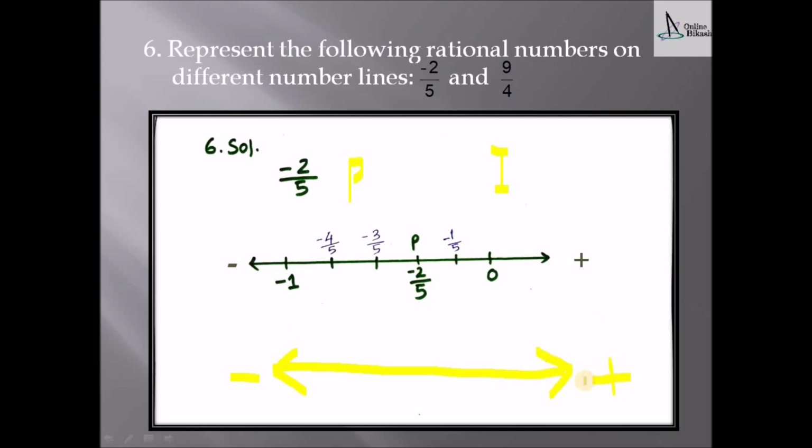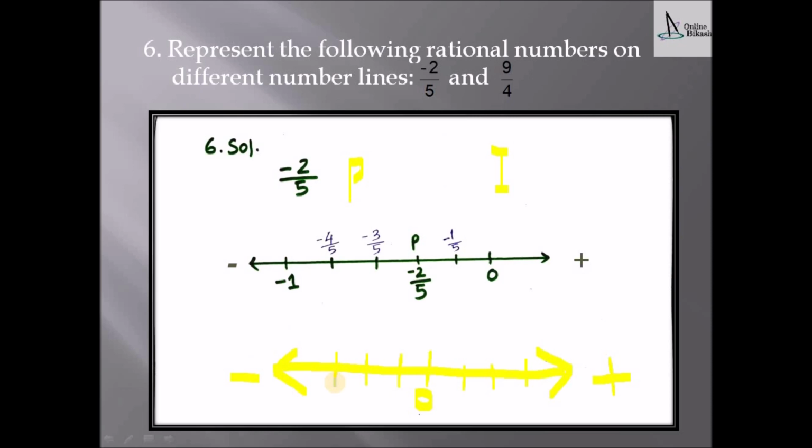In between them there is 0. And on this side 1, 2, 3, and so on, and on this side minus 1, minus 2, minus 3 and so on.